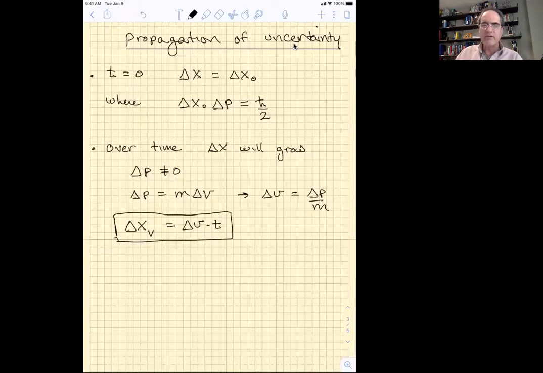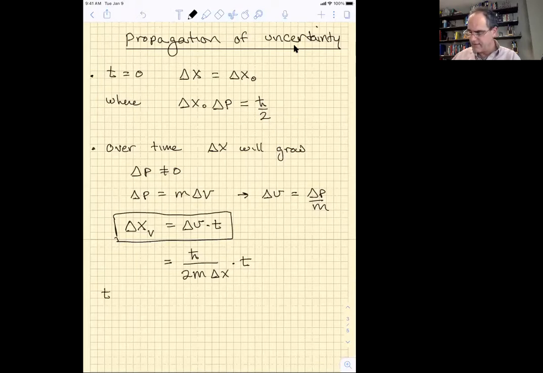Of course, using the uncertainty relationship, we can rewrite that term as h bar over 2 m delta x times t. Okay? But very good.